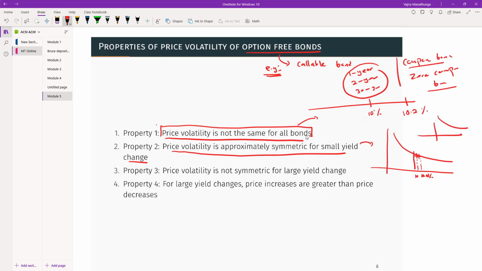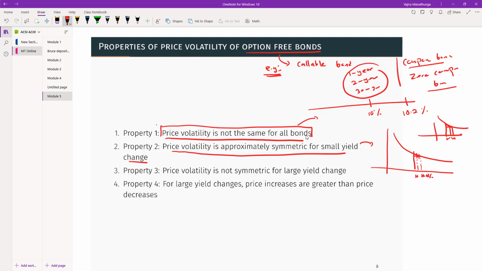The slope on this side is very close to this one if they stay very close.